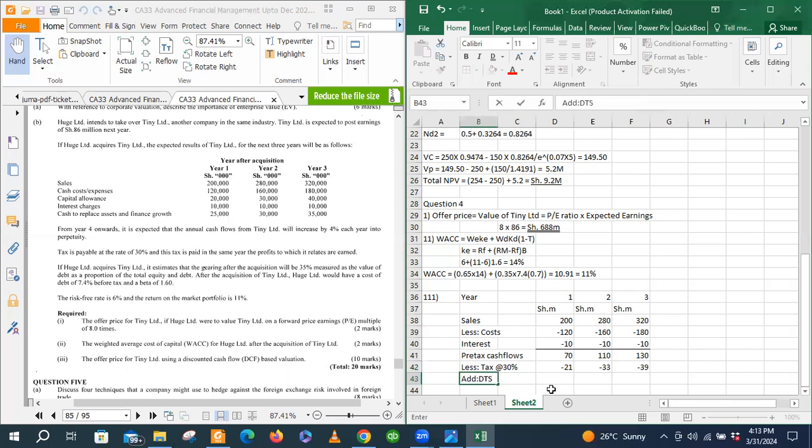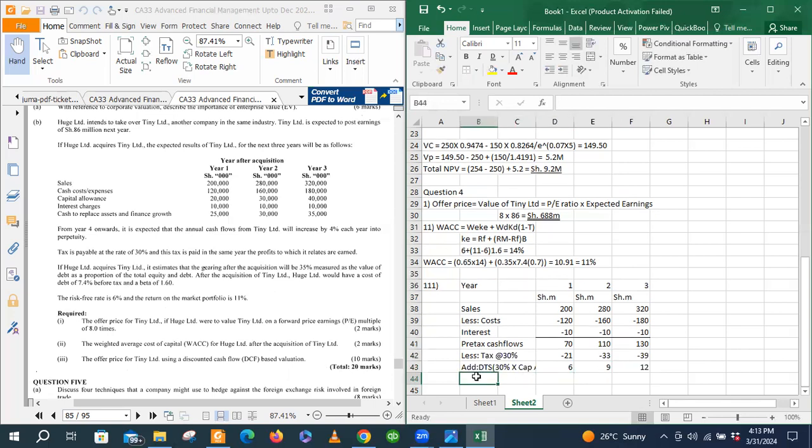So we take our capital allowance times 30%. Six in year one. Year two is 9. And finally, 12.